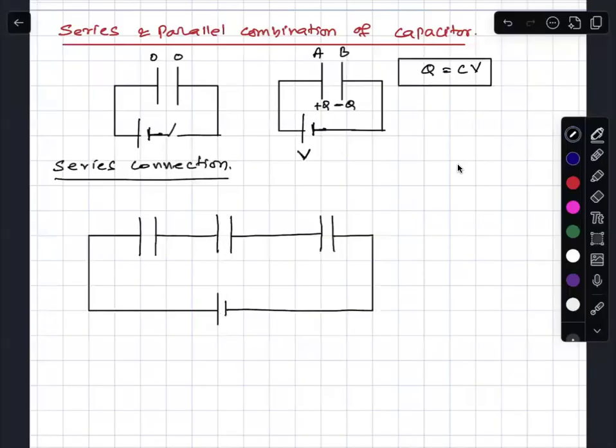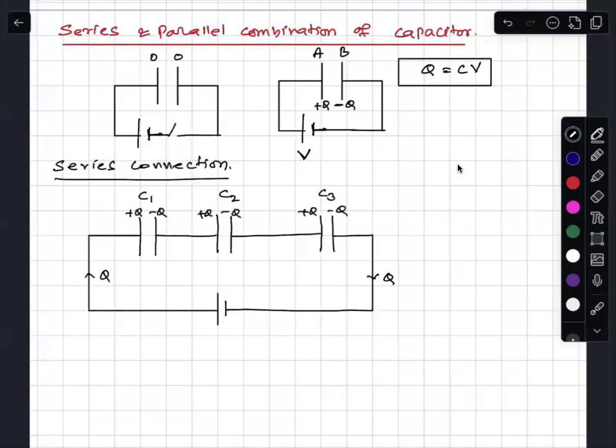I have connected it like this. Now, say a charge Q flows throughout the circuit, and it is the same charge that passes through each capacitor. For example, I am taking these capacitances as C1, C2, C3. Now, what is happening here? You will have plus Q, minus Q, plus Q, minus Q, plus Q, minus Q.